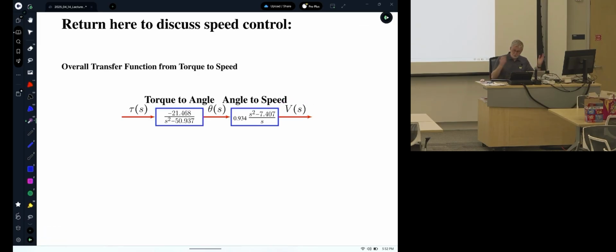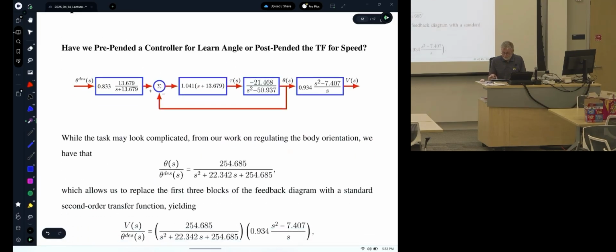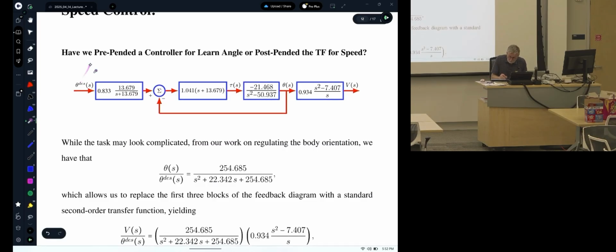And I tried to show it to you physically. So we are now capable of setting theta to any value we want. So we can accelerate by putting theta forward, and we can decelerate by making theta negative. Okay?